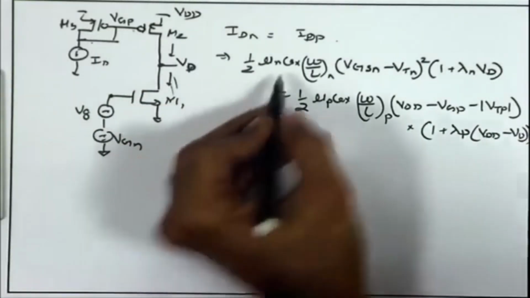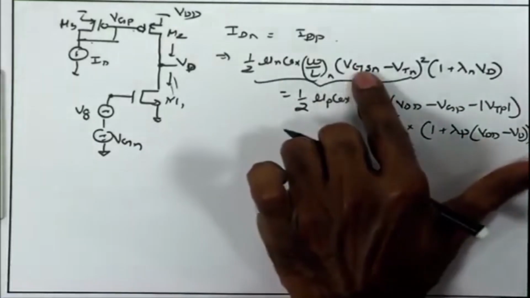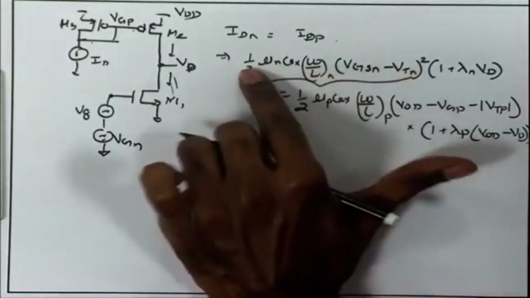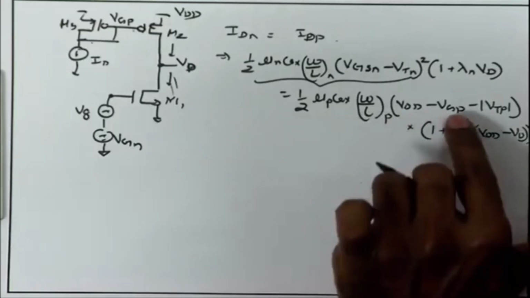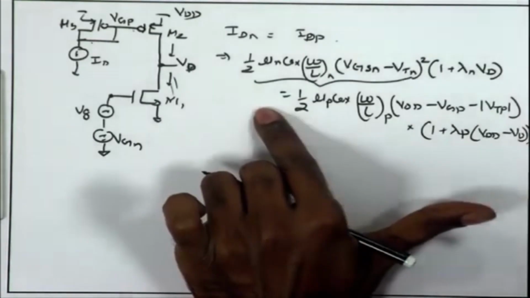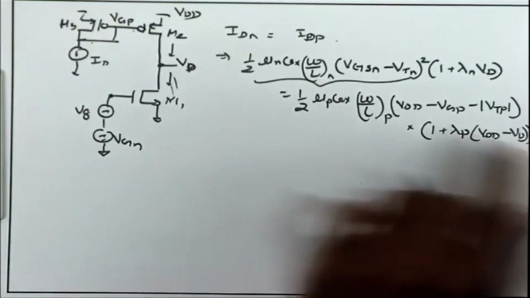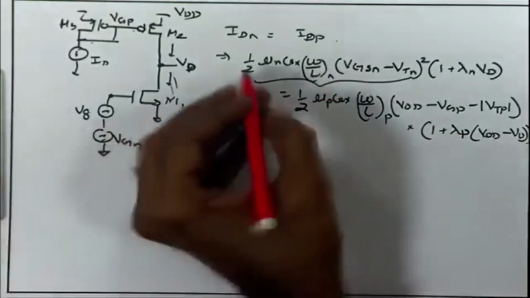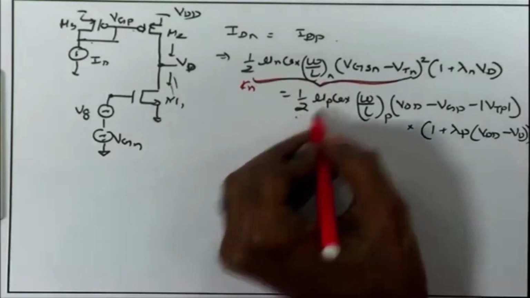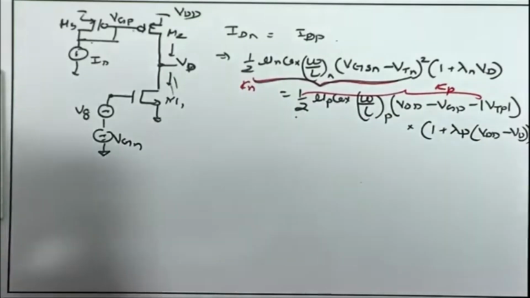Now, here what are the constant terms? This entire first term is a constant term, VGSN is fixed by the DC bias, VT is fixed. Likewise, here VDD is fixed, VGP is fixed, VTP is fixed. This is another constant term. Based on these two constant terms, I need to find out what is the resulting VD. VD is the unknown that we are trying to find out. So, I can call this entire term Kn, I can call this entire term Kp, and then I can try to solve for Vd.